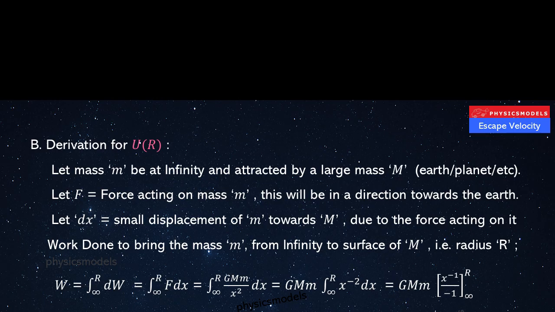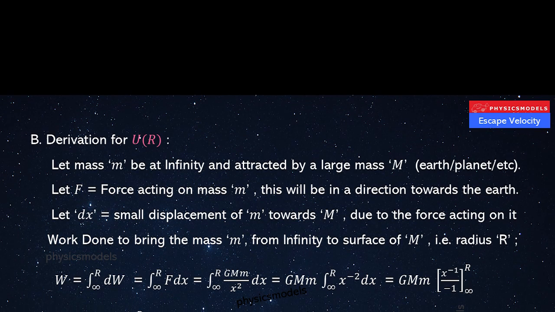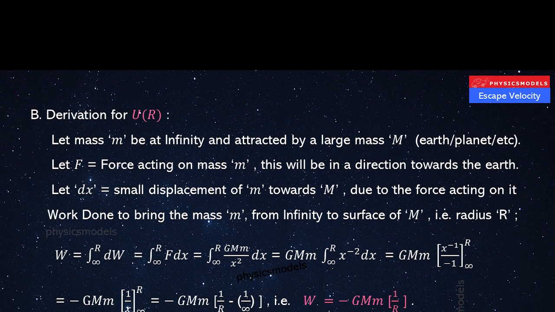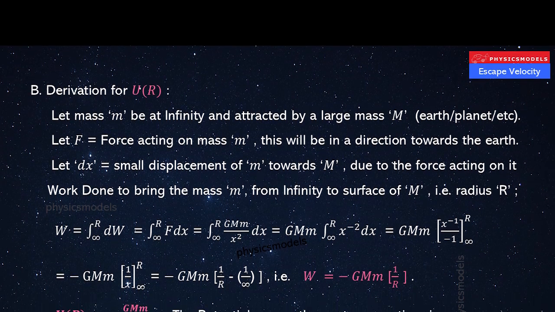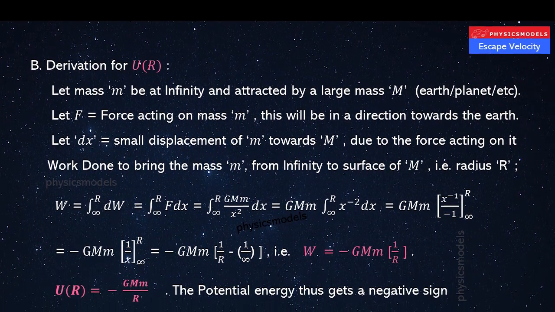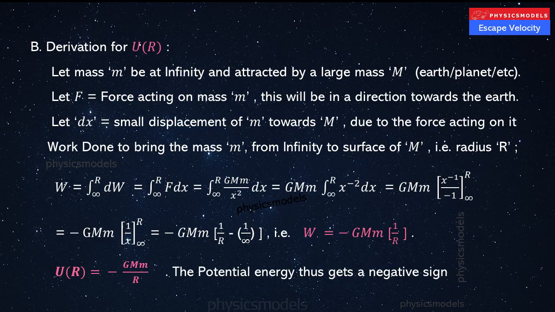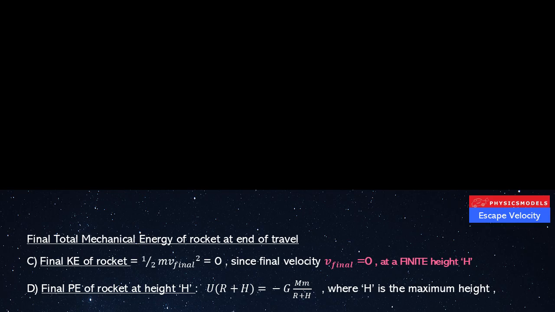When we do the integration, we get x to the power minus 1 by minus 1. The minus 1 comes out of the brackets, so it sticks to minus GMm, and 1 by x becomes 1 by r minus 1 by infinity. Therefore, the work done becomes minus GMm by r. This is the same as the potential energy U(r) equal to minus GMm by r.